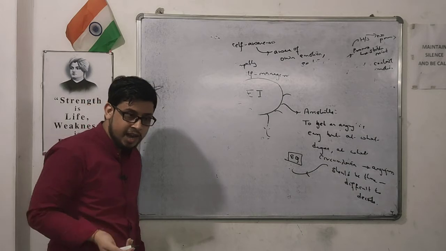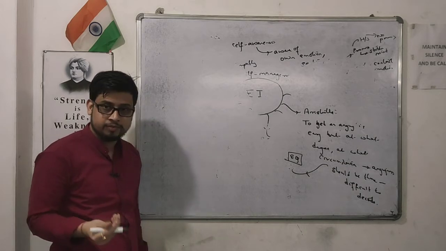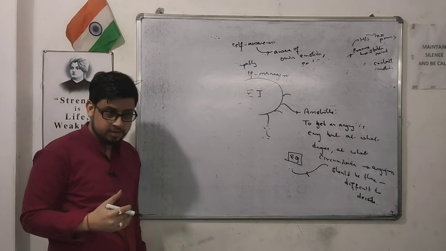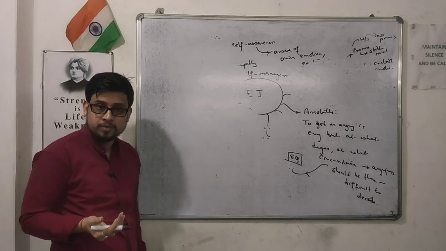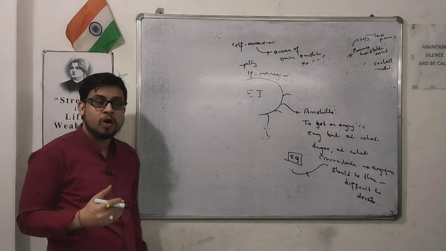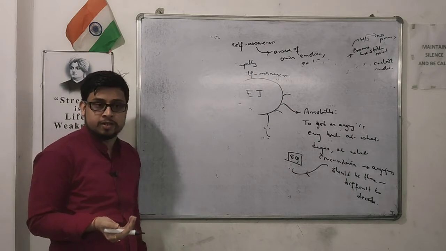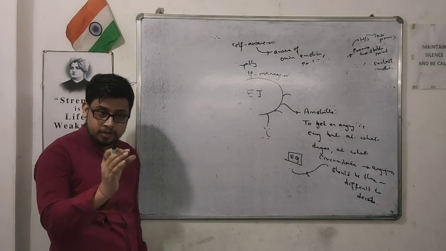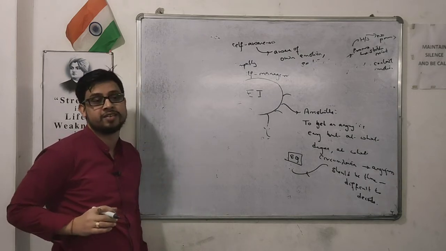But should I react violently to Nitish? First one. And how much should I scold him? And what should I convince him? So that is actually what deals with your emotional intelligence.